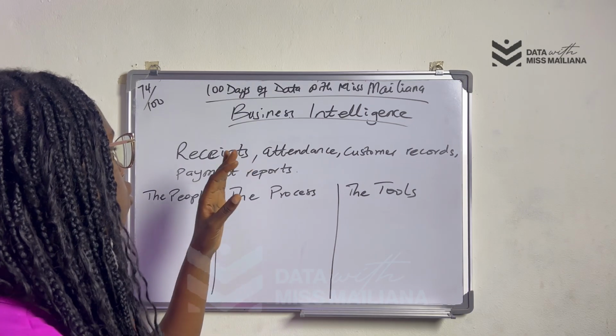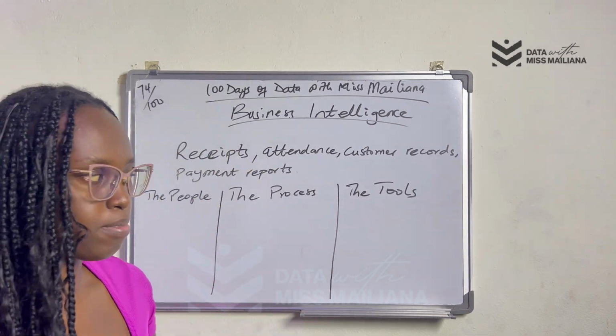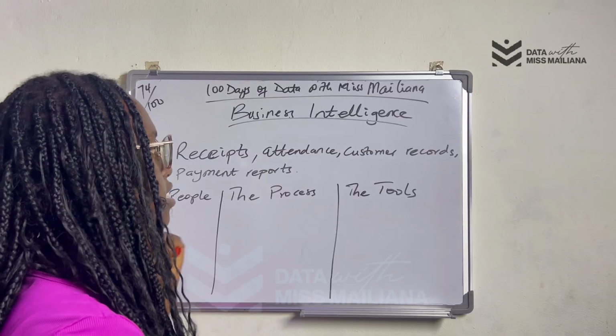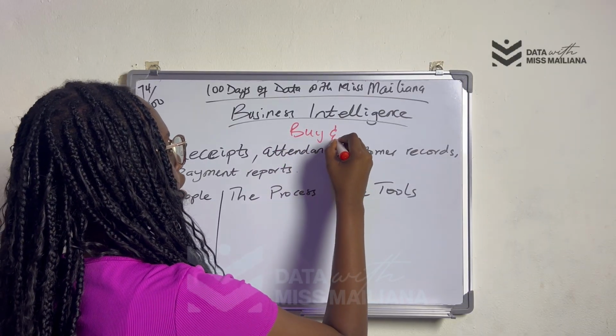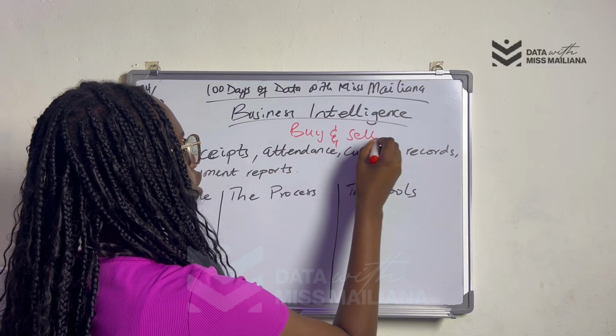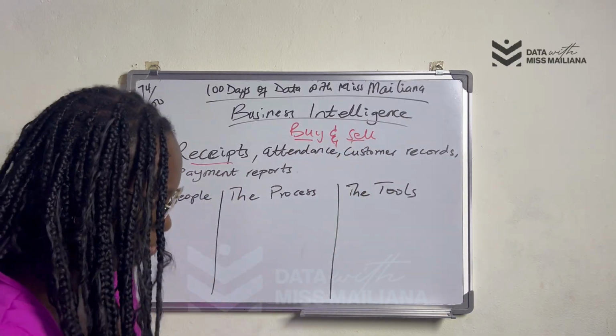All right, so think of it this way. In business, let's say the business is a buy and sell business. When someone buys, the seller gives out a receipt.